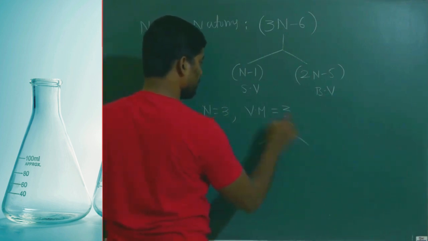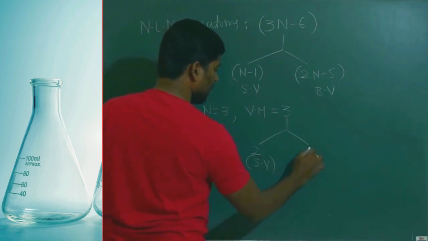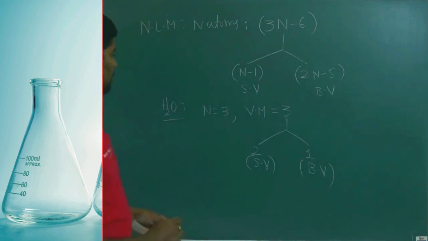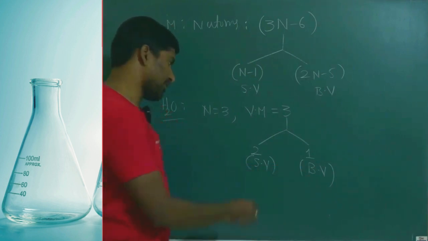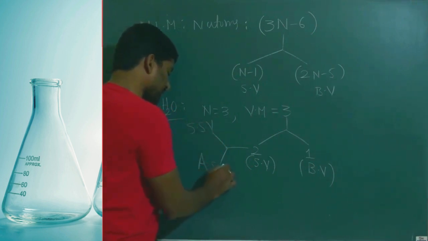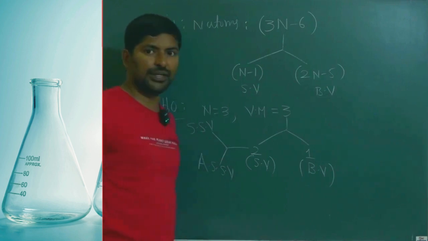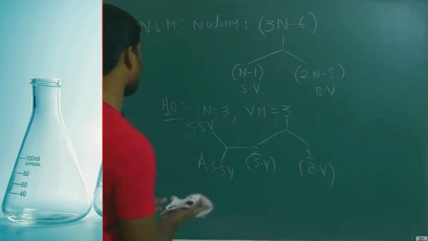Out of 3, n minus 1, 3 minus 1, that is 2 are stretching vibrations and 1 is a bending vibration. Out of 2 stretching vibrations, one is symmetric stretching and another one is anti-symmetric stretching vibration.